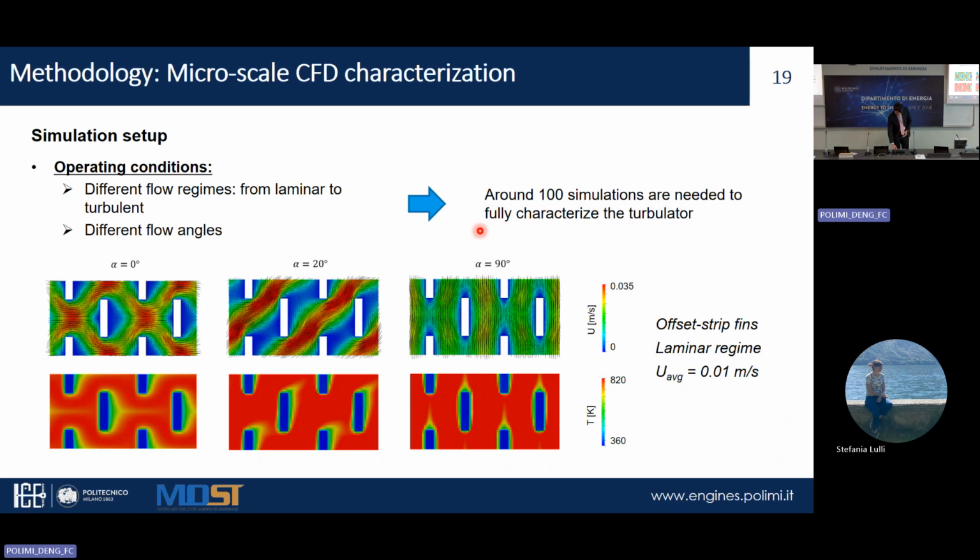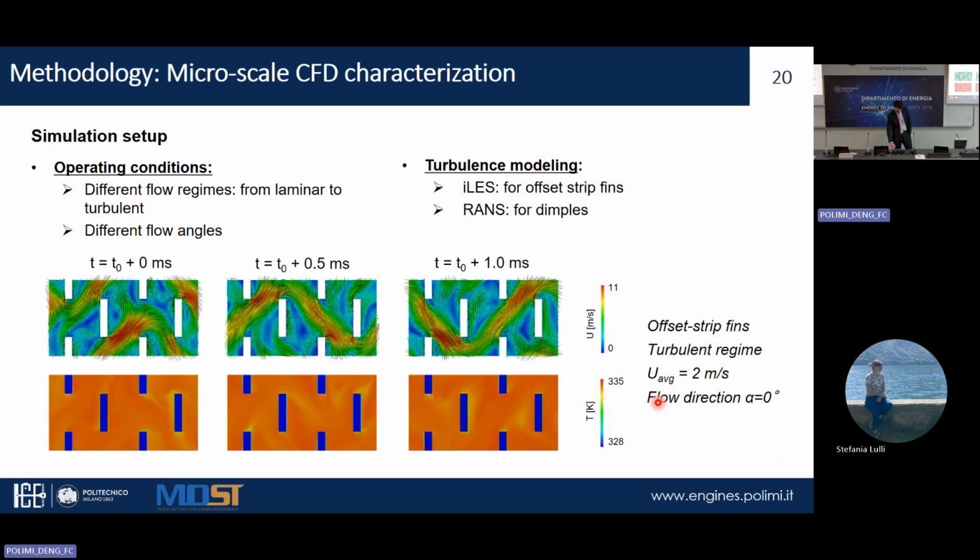And we have the representation for the same condition of the temperature field for, in this case, a fixed velocity. But if we keep the configuration fixed, we can vary not only the angle of the velocity, but we can also vary the intensity, so the magnitude of the velocity, meaning the Reynolds number.